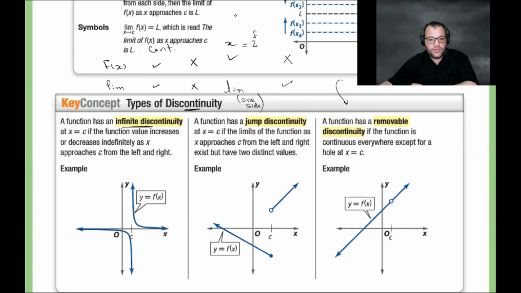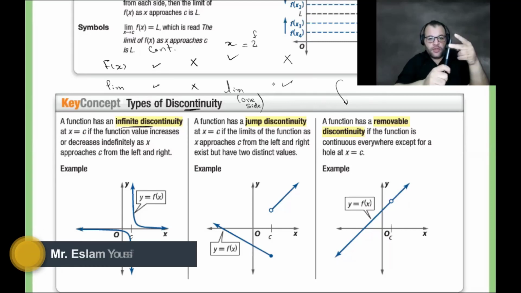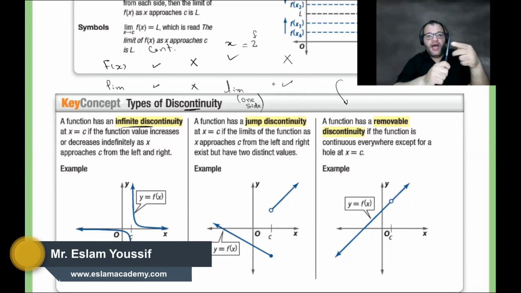Again, for this one, we now have 4 cases. If you have a value of the function and you have a limit, this function will be continuous.